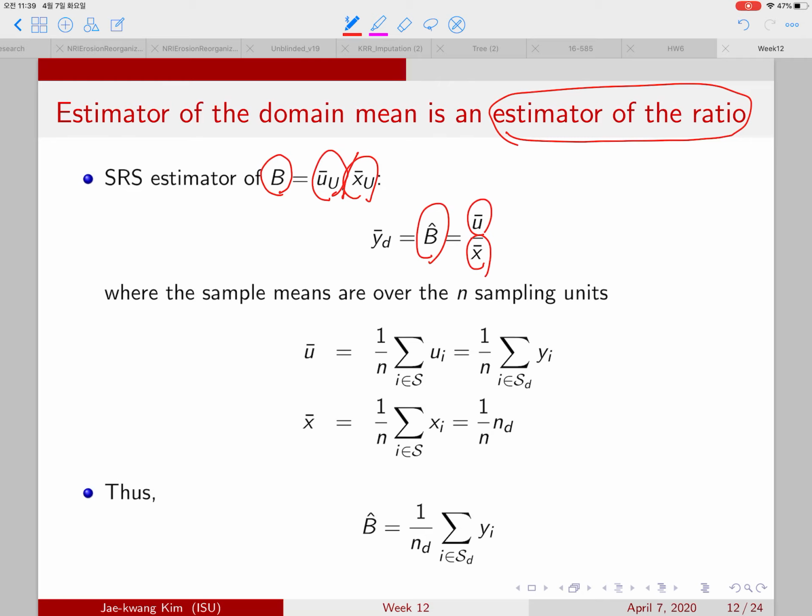This is an unbiased estimator of the mean of u, and this is an unbiased estimator of the mean of x, just as we use a sample mean to estimate the population mean for each domain.